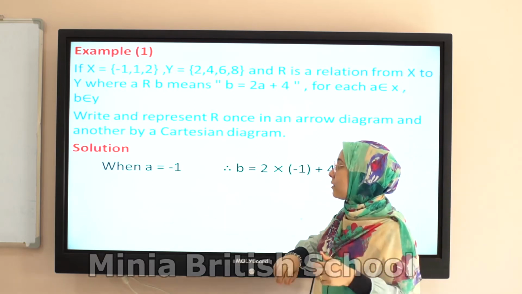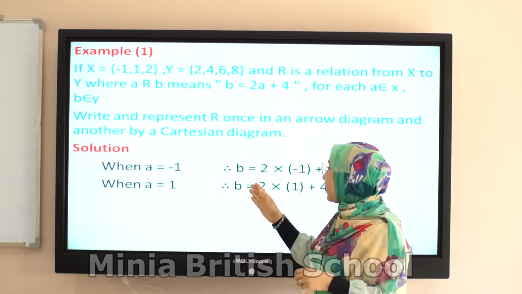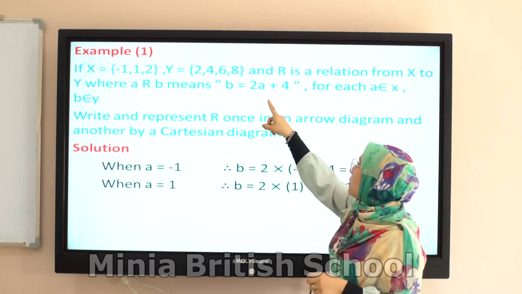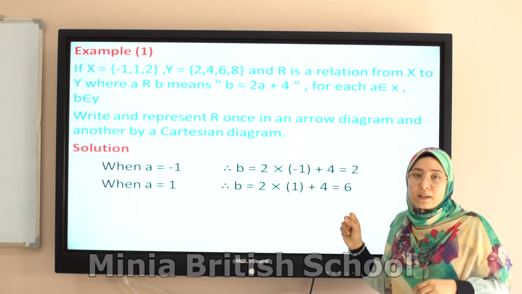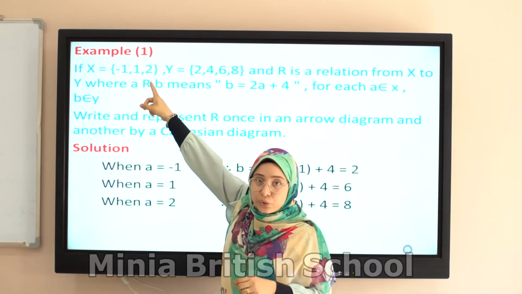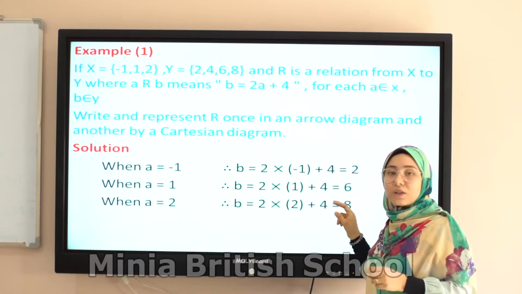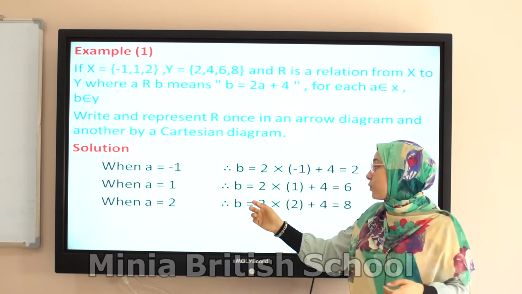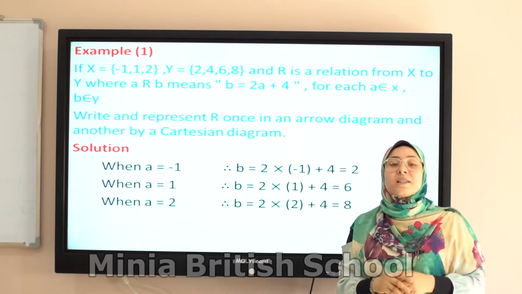Also, when A equals 1, P equals 2 times 1 plus 4. So P equals 6. Good. Now, when A equals 2, P equals 2 times 2 plus 4. 2 times 2 equals 4, plus 4 equals 8. So P equals 8.